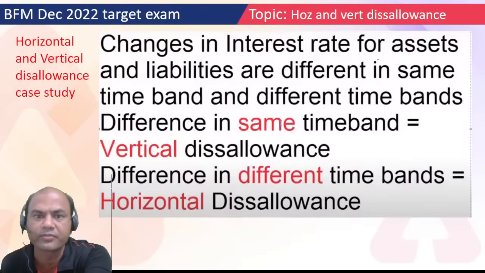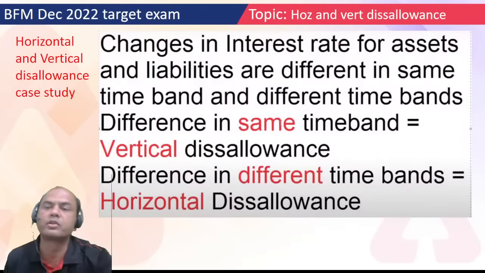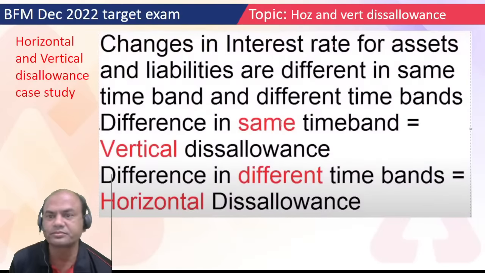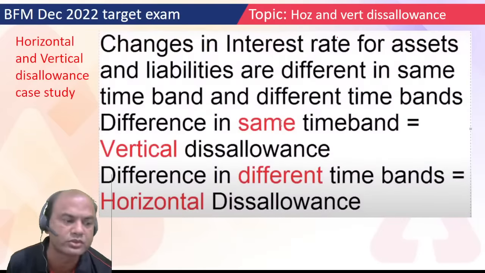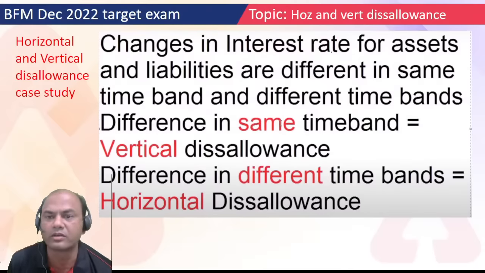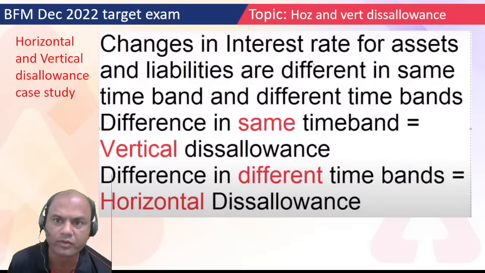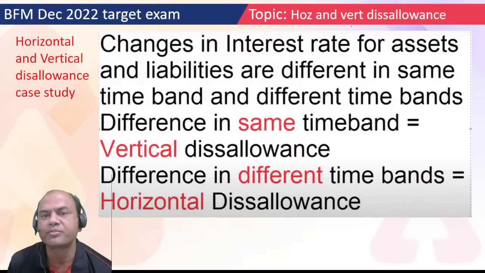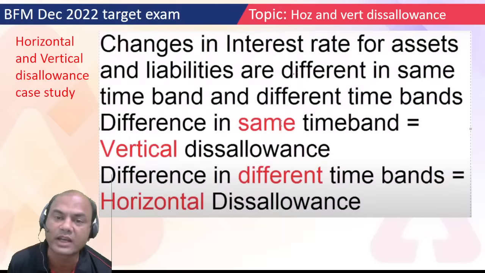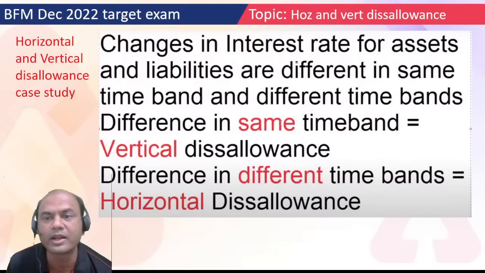Move on. Now we'll come to the important case study. Everyone pay attention. Those who have been doing anything very fast right now, go slow for some time. Why? Because this topic of horizontal and vertical disallowance, you need to understand first. What do you mean by disallowance?